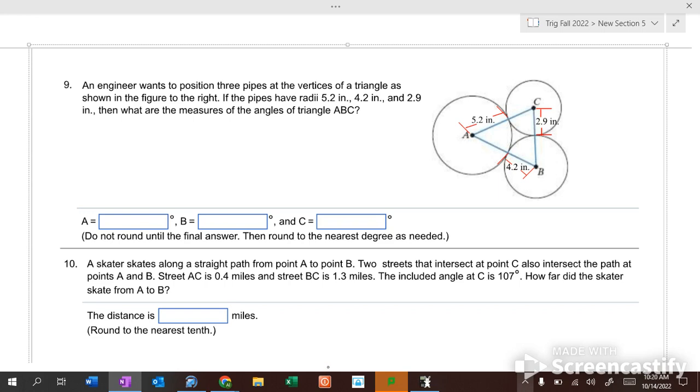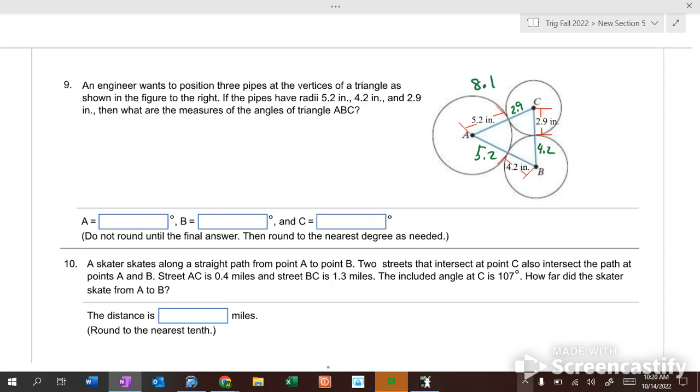Okay, what's the length of each side of this? Well, how can I find the length of AC? Because if it's 2.9 here, it's 2.9 here. If it's 5.2 here, it's 5.2 here. If it's 4.2 here, it's 4.2 here. So if you add, this side is 8.1.